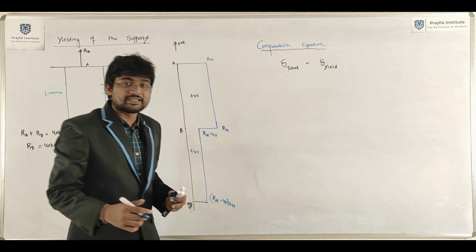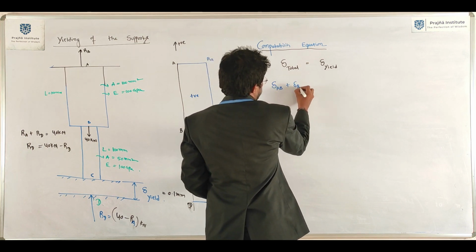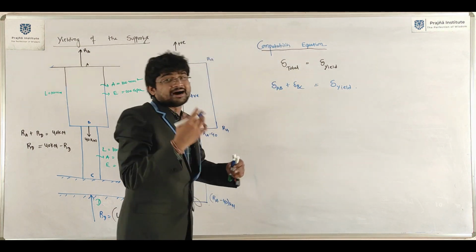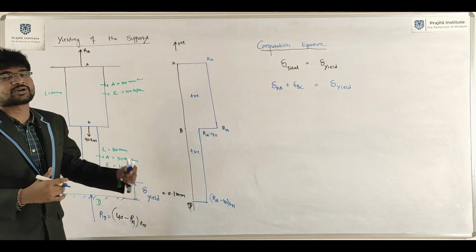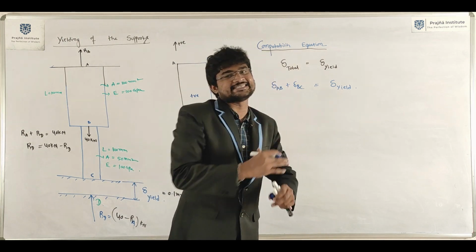Initially assume that everything is positive. Now use the compatibility equation: delta AB plus delta BC equals delta yield. Just observe how to write the compatibility equation in three different cases.